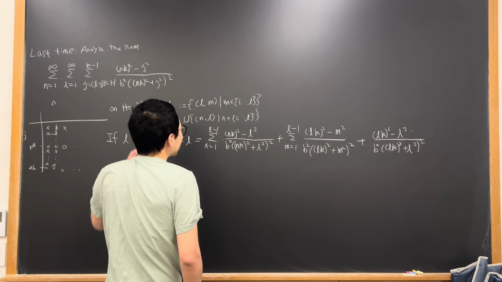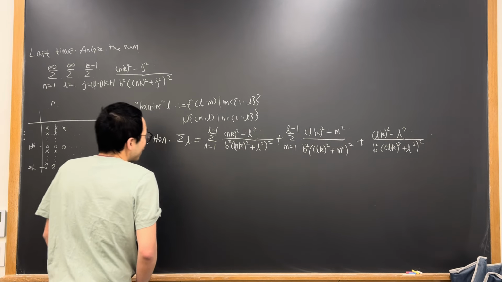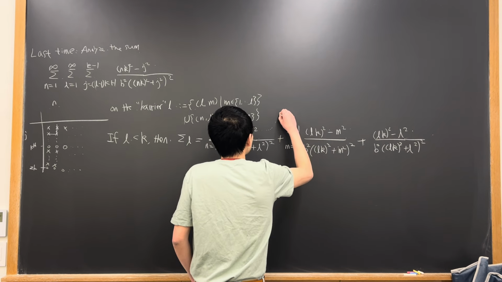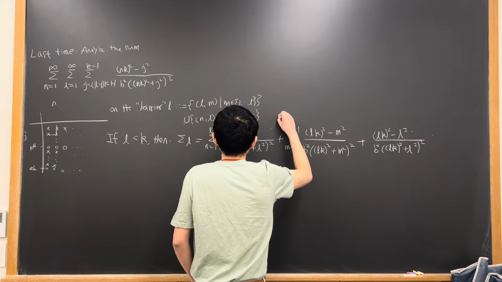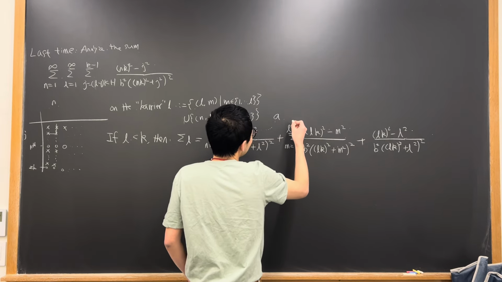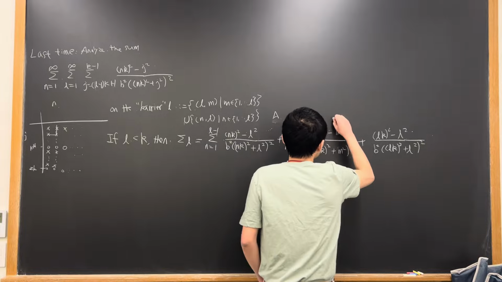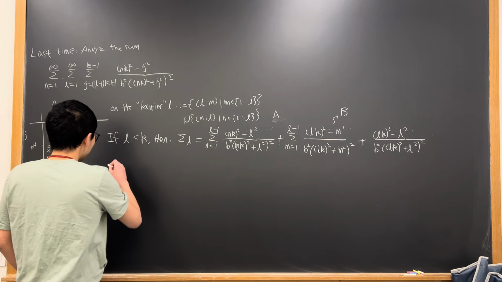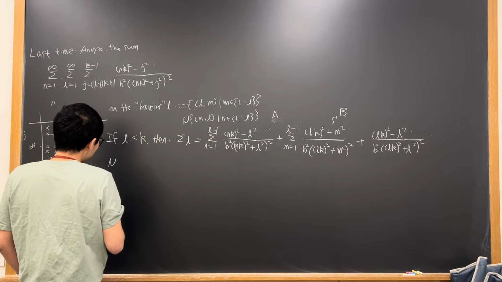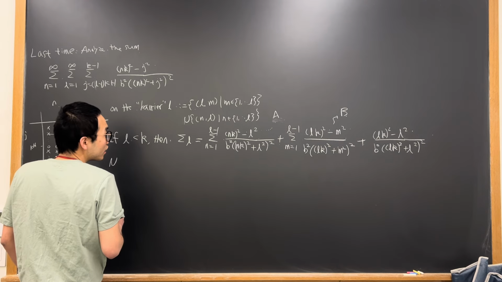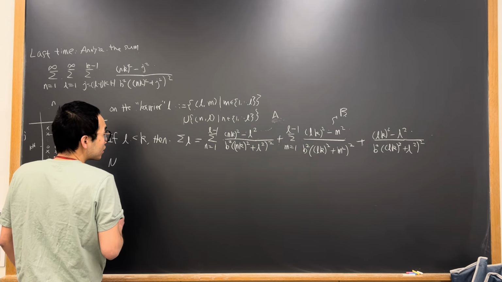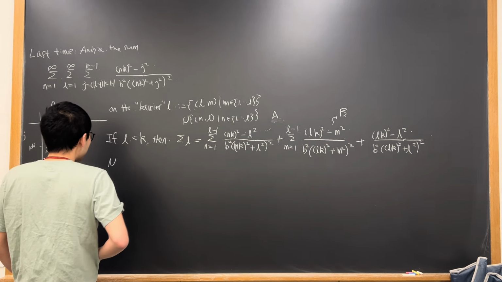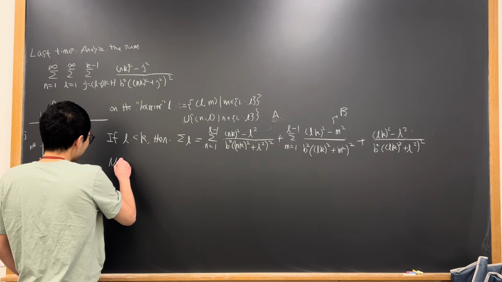And then for the numerator, let me use the letter A, capital A, and then this is capital B. So the numerator for capital A is equal to... let me use the letter n for the numerator.